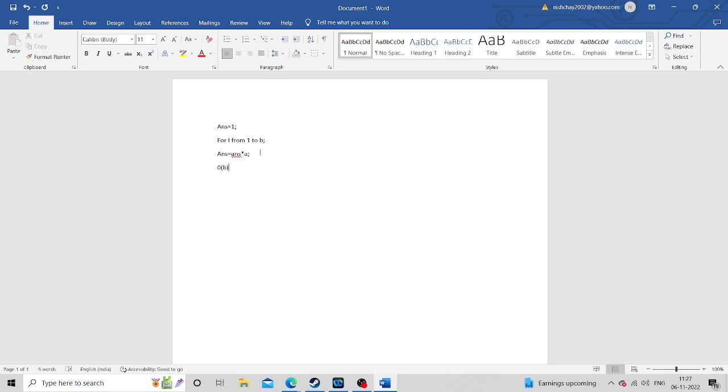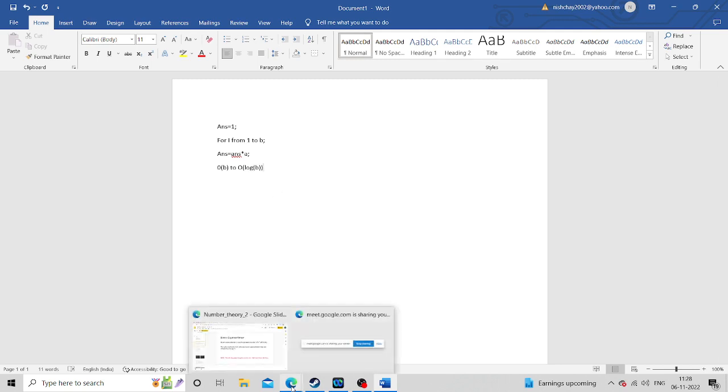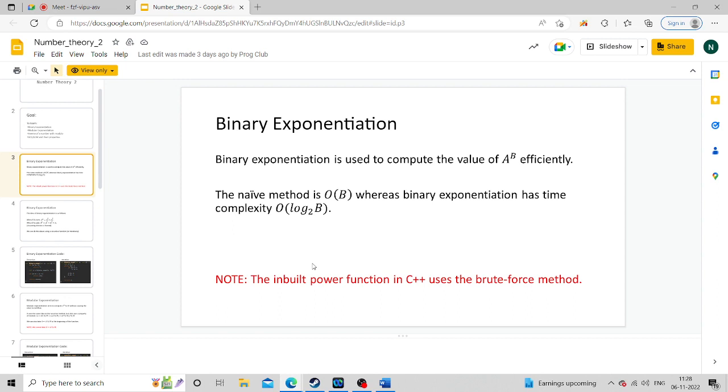Because this loop will run b times, so the complexity would be O of b. Now, the basic motto of binary exponentiation is to reduce this time complexity from O of b to O of log b. So that is what we'll be doing in binary exponentiation. Now, is it clear what we're going to do? Fair enough. Okay, let's start.